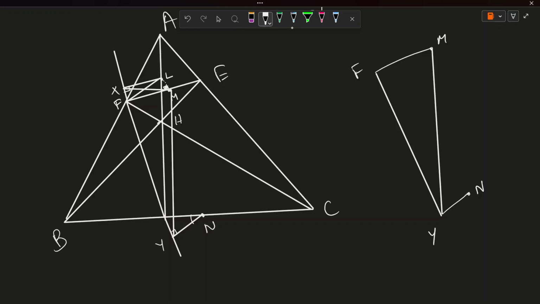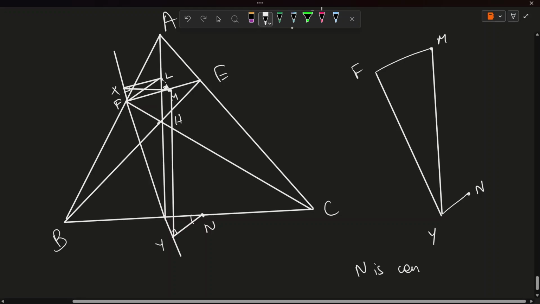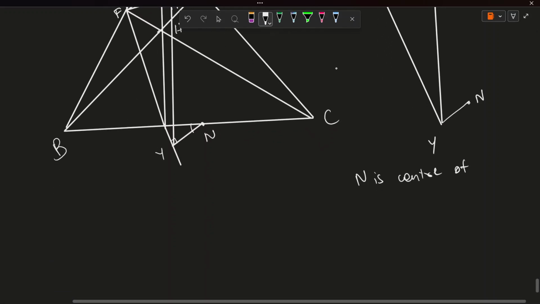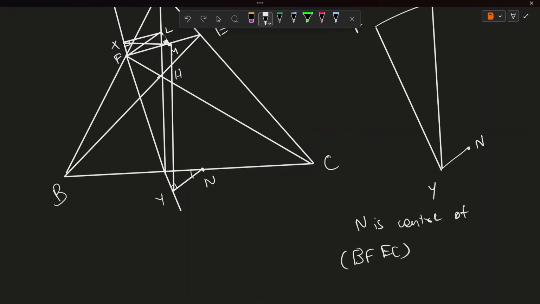Notice that N is the center of the cyclic quadrilateral BFEC. Basically this is a cyclic quadrilateral, as I just showed.